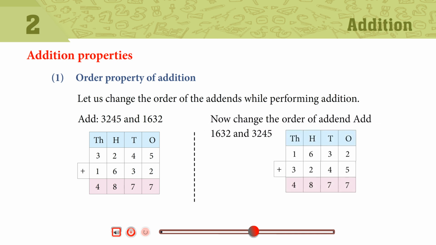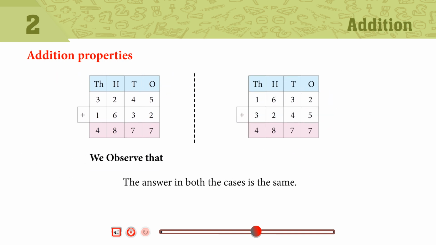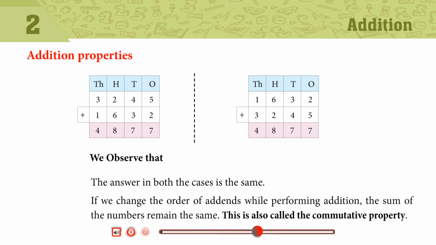Now change the order of addends. Add 1,632 and 3,245. We observe that the answer in both the cases is the same. If we change the order of addends while performing addition, the sum of the numbers remains the same. This is called the commutative property.